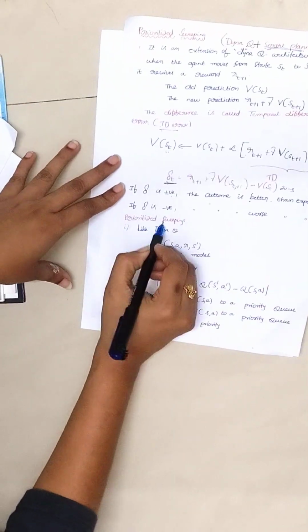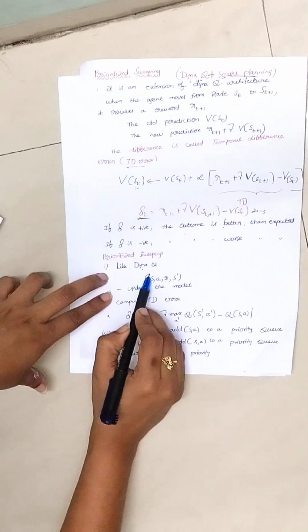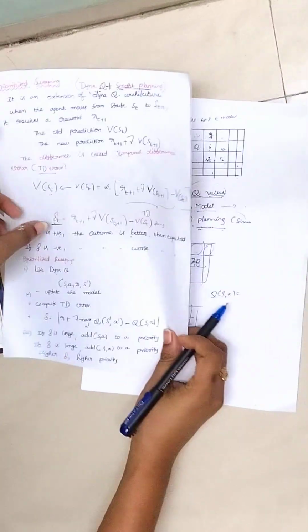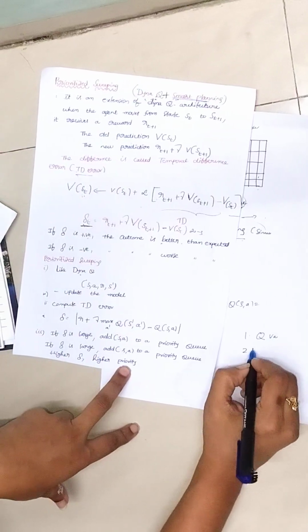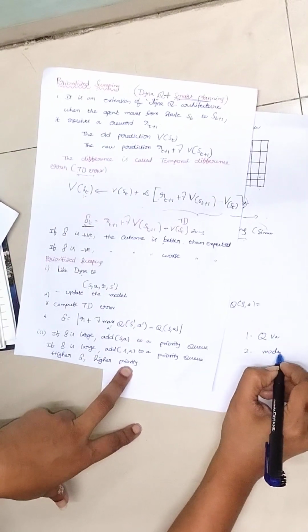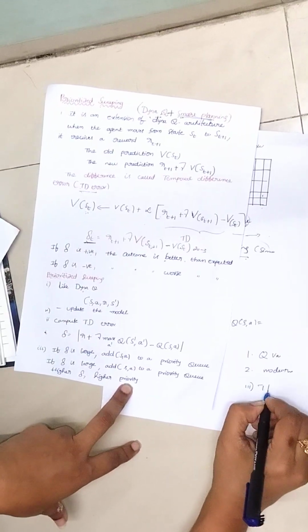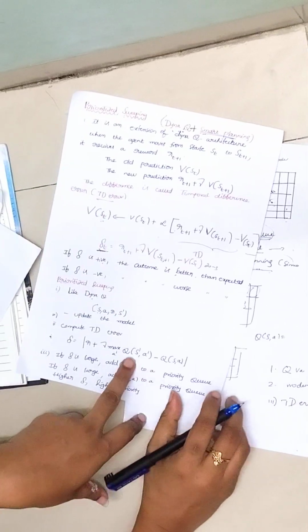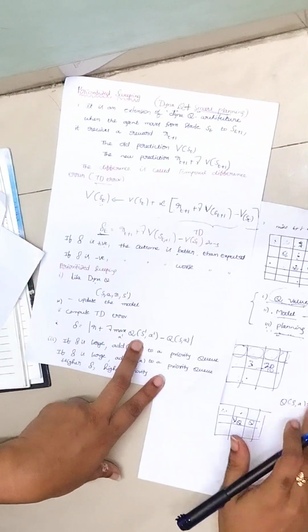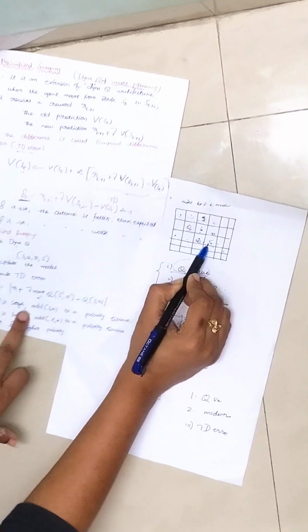In prioritized sweeping, the first step is as in DynaQ: we take state, action, reward, next state, and first consider the Q values. Second, based upon the Q values we model the environment. After that we calculate the temporal difference value. Temporal difference means I am predicting the Q value of the next state from the current state.